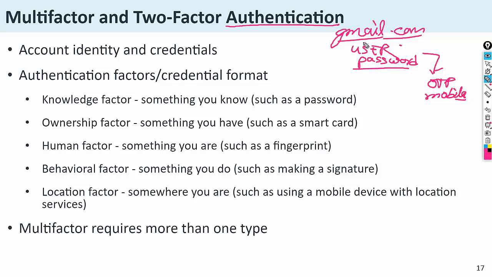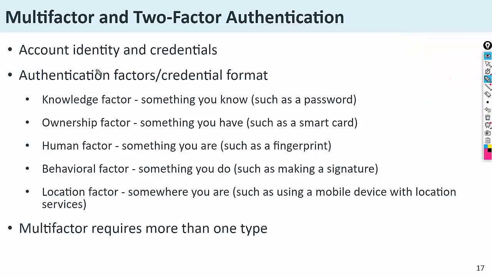If a hacker gets my username and password and tries to log in, he requires one more factor, meaning he needs my mobile phone to get the OTP. So there are two factors. The first factor is the username and password. The second factor is getting the OTP on my mobile phone. This is the basic example.